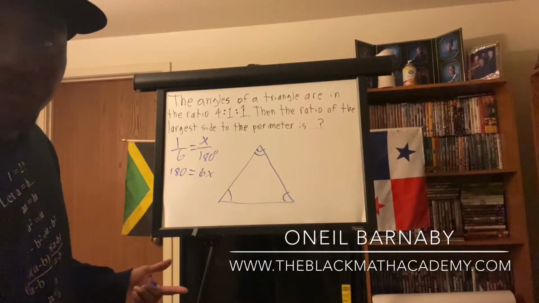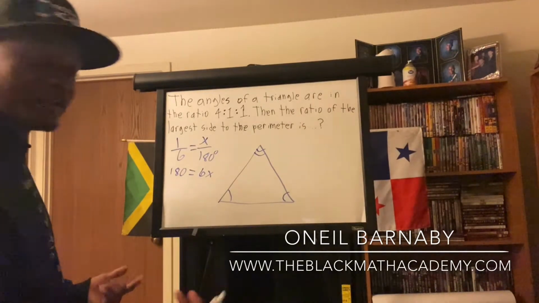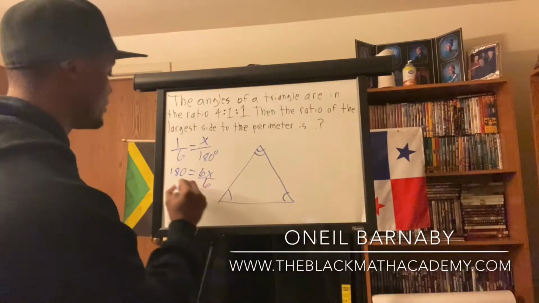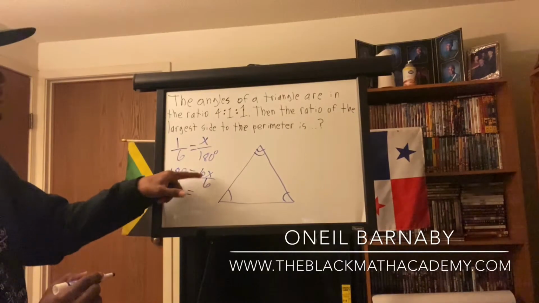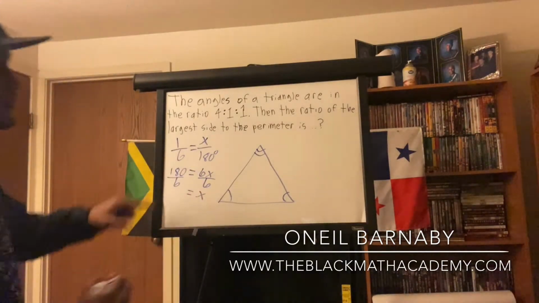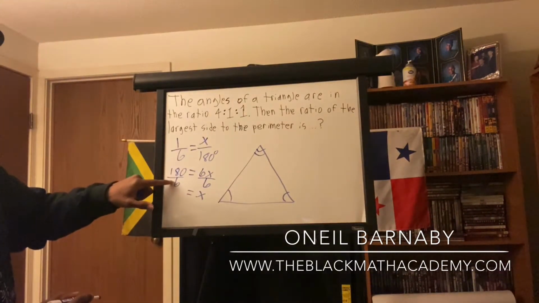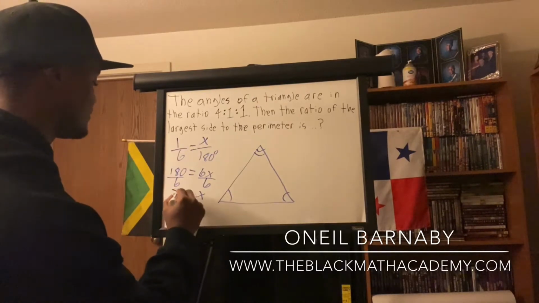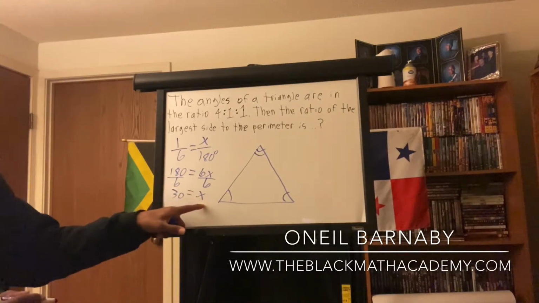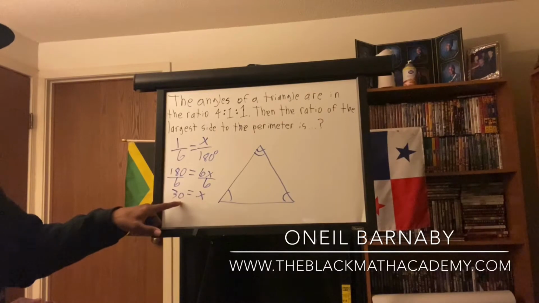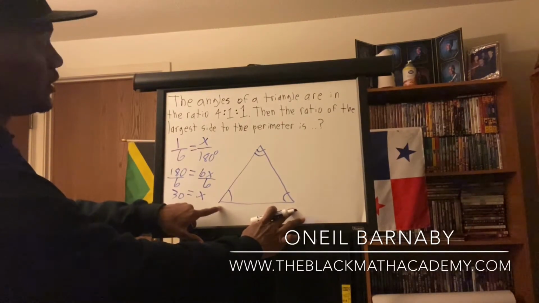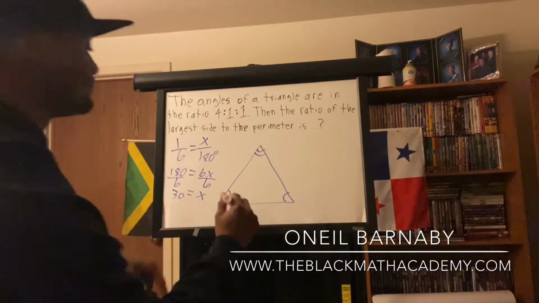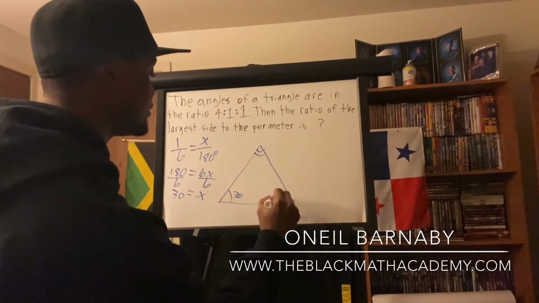From here, we divide both sides by 6, and we're going to be able to get our answer. 6 divided by 6 is 1. 1 times x is x. 180 divided by 6 is 30. So x represents 30 degrees. So the two base angles within our isosceles triangle, they represent the 30 degrees. This is 30, and that's 30.